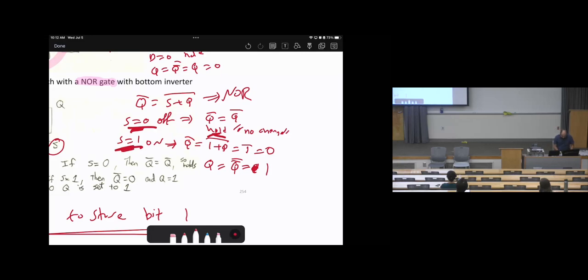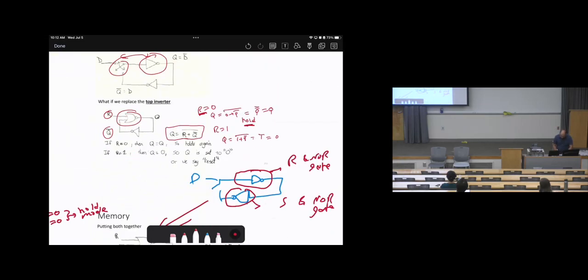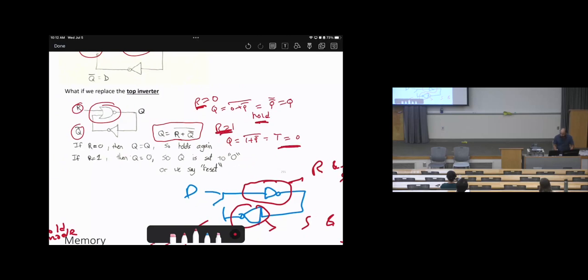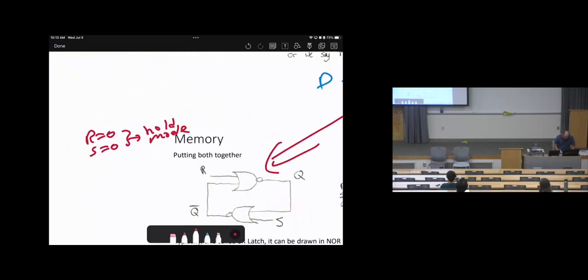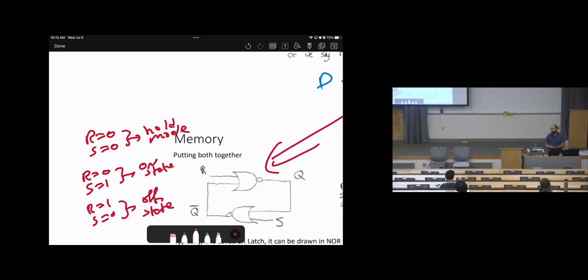If S equals 1, Q will be 1. If R equals 1, Q will be 0, right? So if R equals 0, S equals 1, then it will be on state. If R equals 1, S equals 0, we will be in off state, which is we will store the bit 0, store the bit 1.